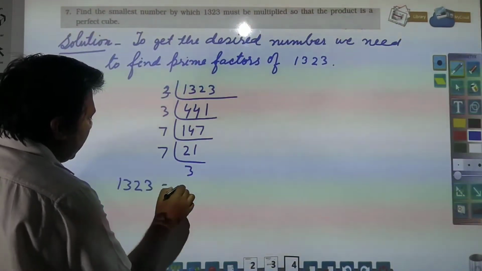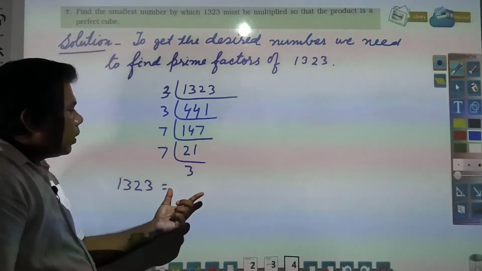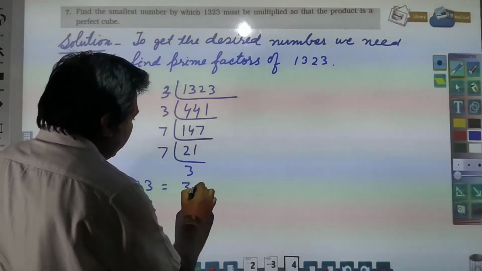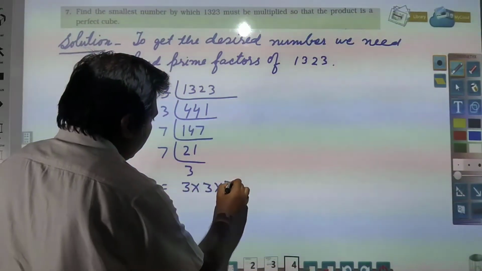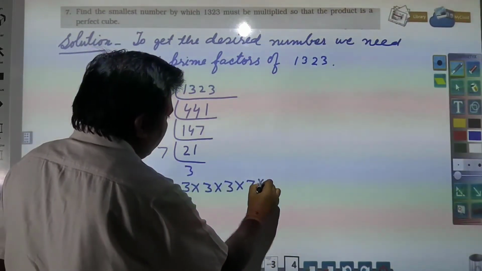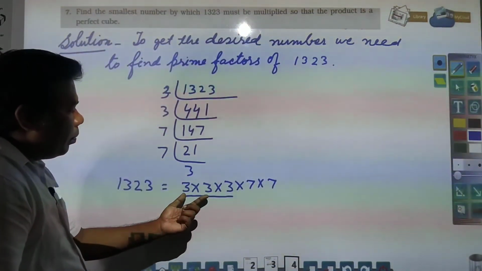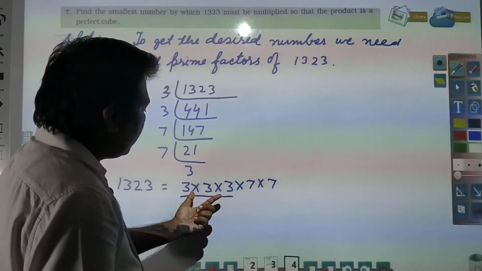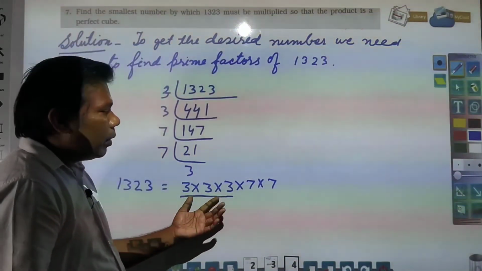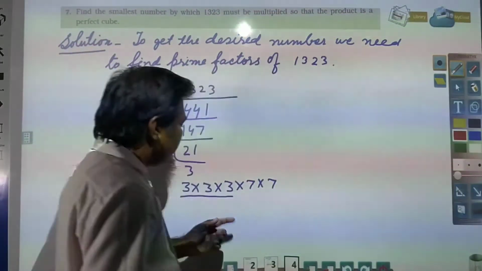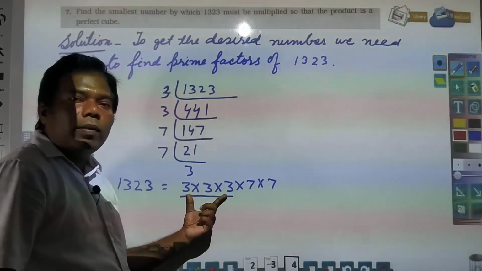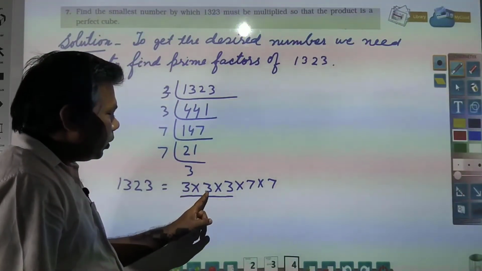Now if you are expressing 1323 as the product of its factors, what you will get? 3 into 3 into 3 into 7 into 7. Now you have seen that a triplet of equal factors you have got of 3, 3 into 3 into 3.